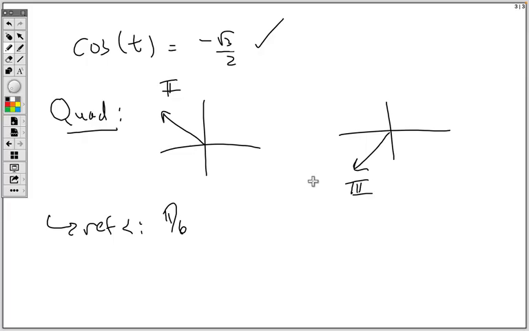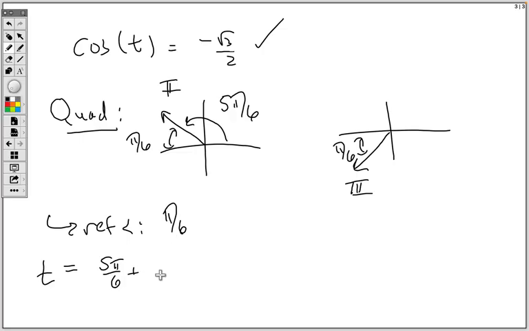Okay, so my reference angle is pi over 6. And so then what we would do is we'd say, okay, well I need a pi over 6 angle in quadrant 2 and a pi over 6 angle in quadrant 3, and I know those from my unit circle. And so I'd say, okay, well, t equals, that would be what? 5 pi over 6.